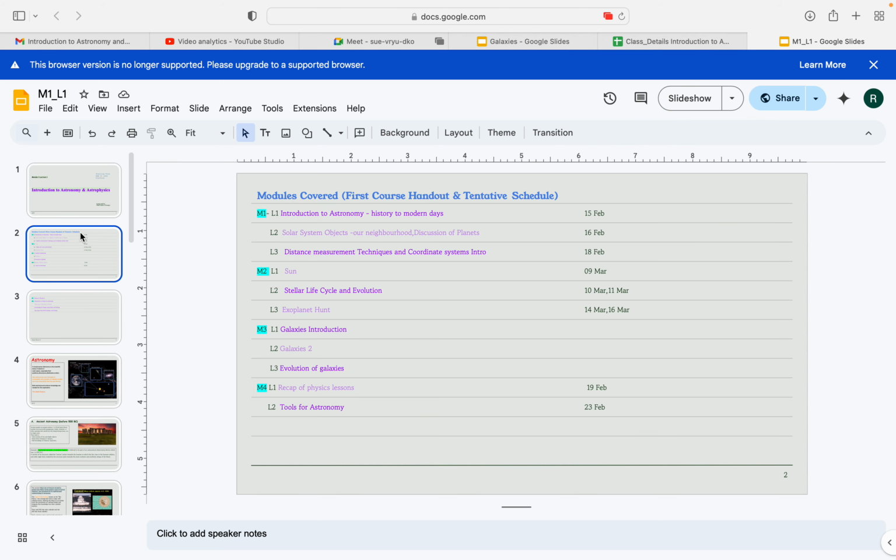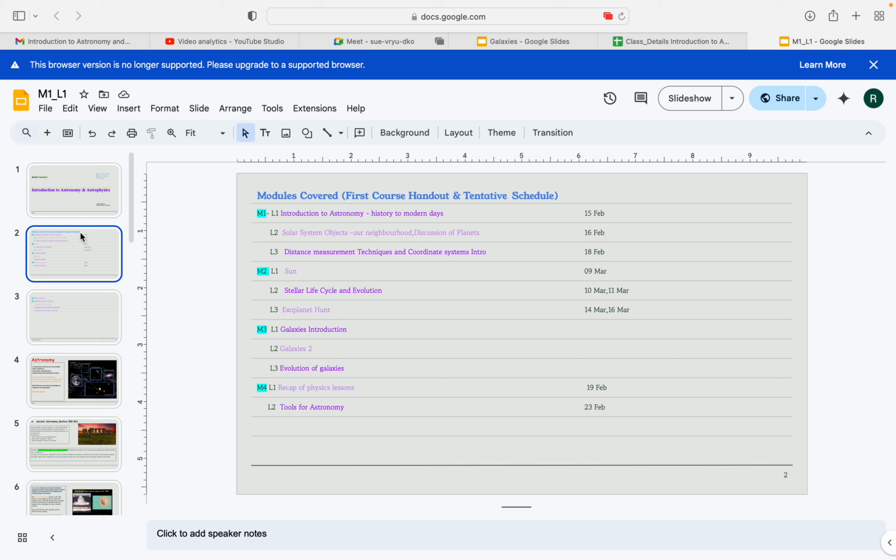First, we should recap what we have done till now. In the first module we covered the introduction part, that is the history of astronomy to modern day astronomy. Then we introduced the solar system objects, the different planets, how their composition and size vary.